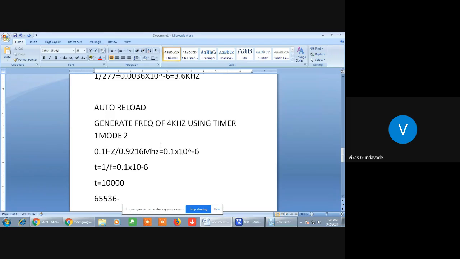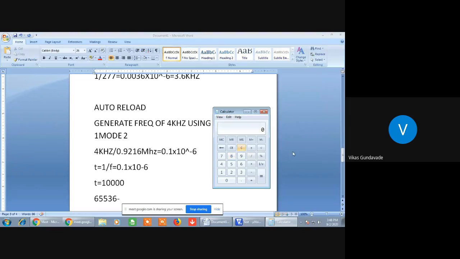4 kilohertz. Okay. So after taking 4 kilohertz, what will happen here? 4 kilohertz divided by 0.9216 megahertz. So the value will be 4 divided by 0.9216. It is 4.34.